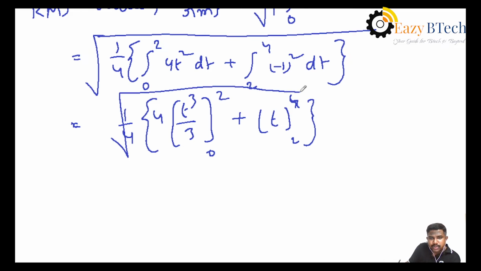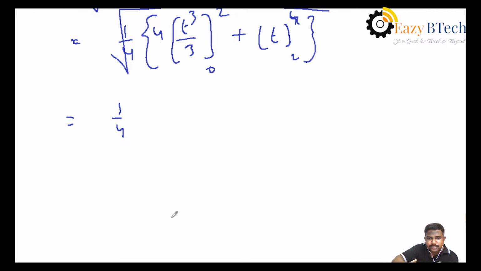Then square root of 1 by 4. Then apply the limits here. 4 by 3 is constant. 2 power cube, that is 8, minus 0, plus 4 minus 2.